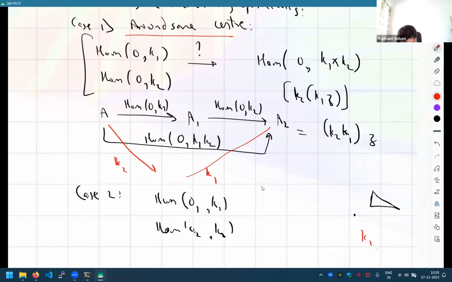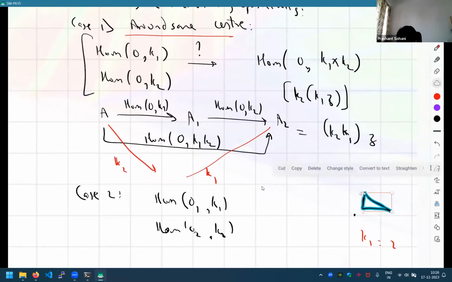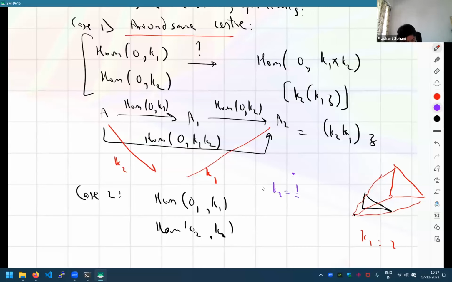Okay. So let us say the first ratio is 2. Just drawing the diagram very roughly. Okay. And then I take a different point, and now let us say the ratio is 1 by 3.